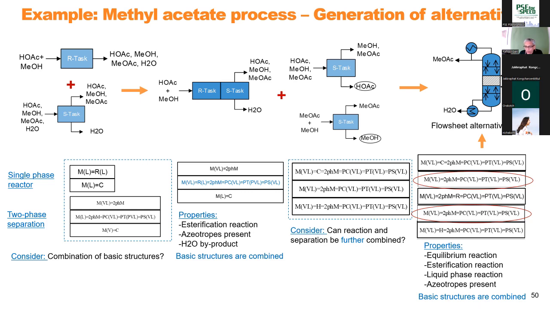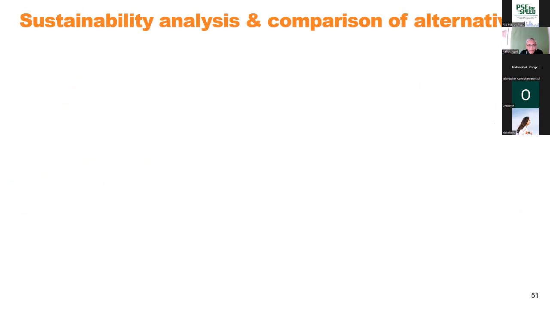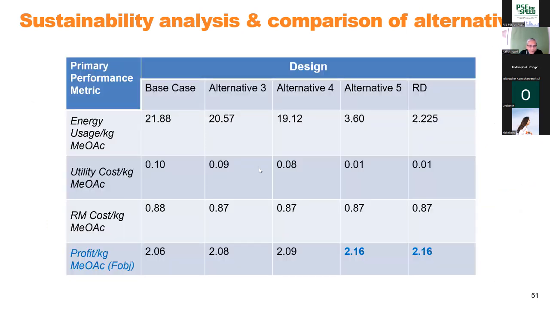All of them can be converted to this. So we have seen how the design is. Is it energy efficient? So now here you see this. Here is the base case. And here is the reactive distillation. So from 21, it's only 2.28.